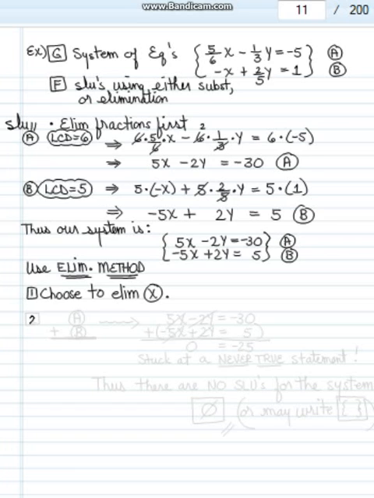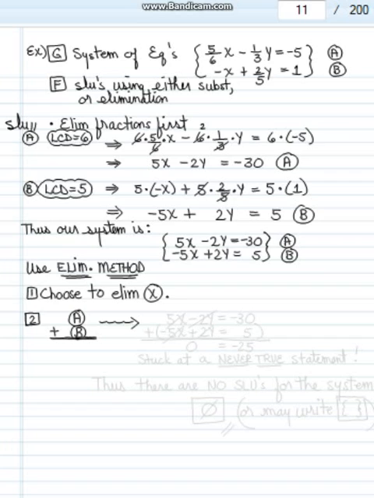And how am I going to do that? Step 2, I'm going to do that by just adding. You're supposed to add a multiple of one of the equations to a multiple of the other in order to get rid of the variable you've chosen to eliminate. Well, it's only going to require that we just add A and B together, and you'll see that that's going to make our x's disappear.